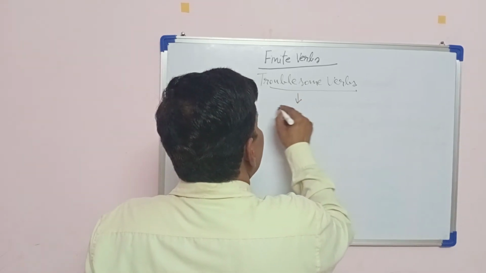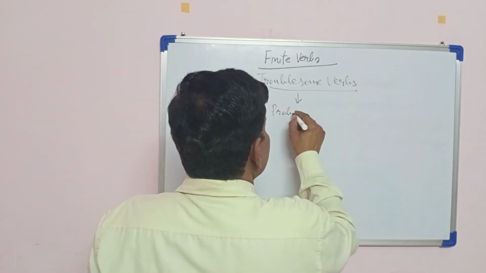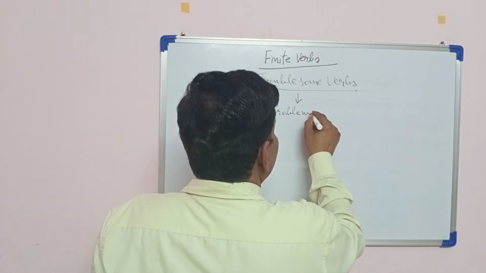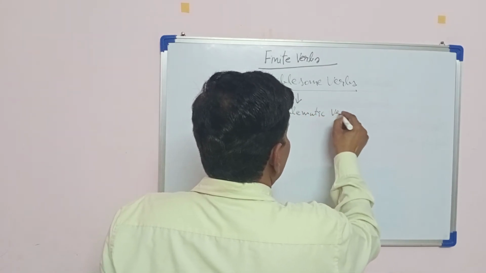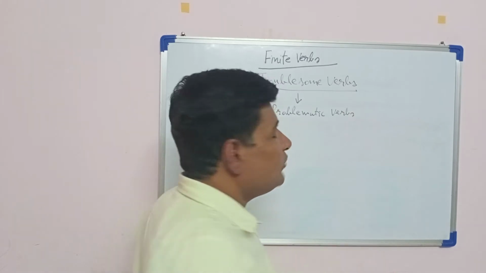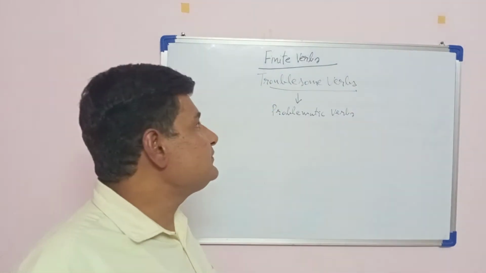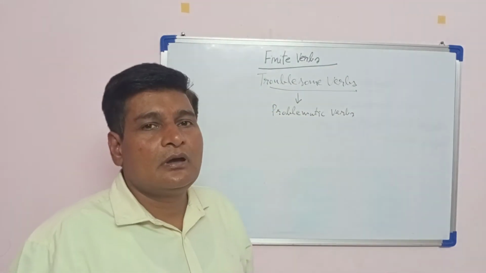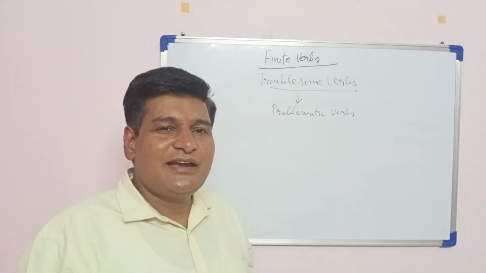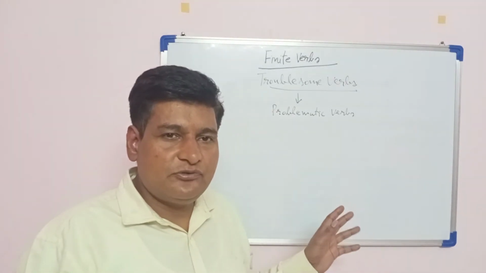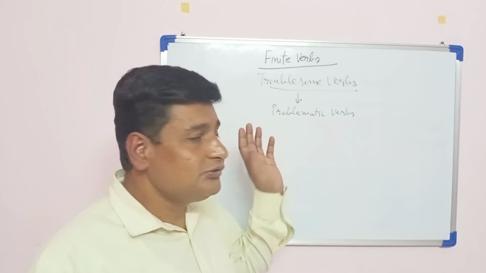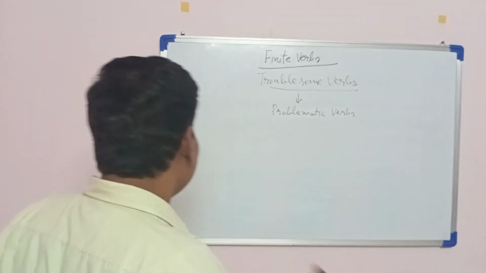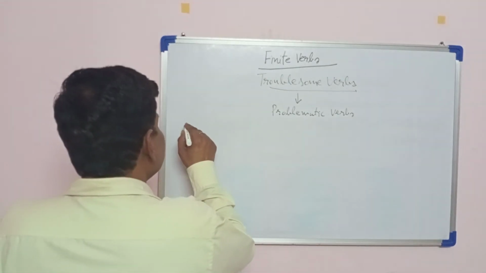Why are these called problematic or troublesome verbs? Because we get confused while using them. So we must understand how to use them properly.